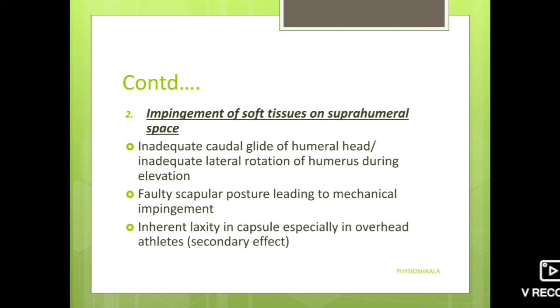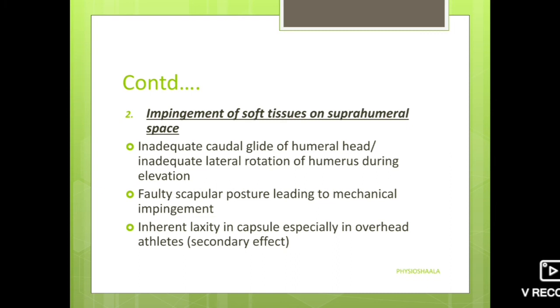Another reason can be faulty scapular posture that leads to mechanical impingement. A faulty scapular posture during humeral motions alters the mechanics of the rotator cuff and reduces its effectiveness in its stabilizing actions, and this leads to mechanical impingement problems.